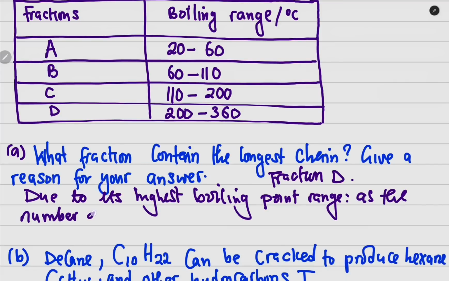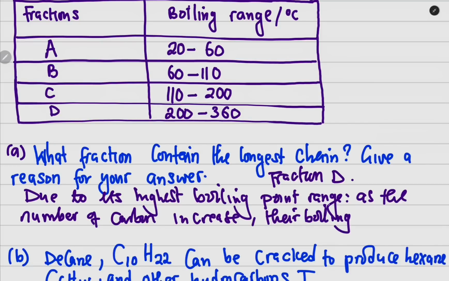So you can say as the number of carbon increases in the organic compound, their boiling point also increases.